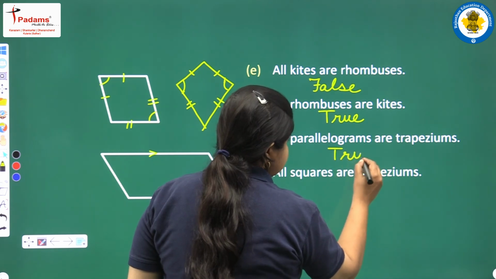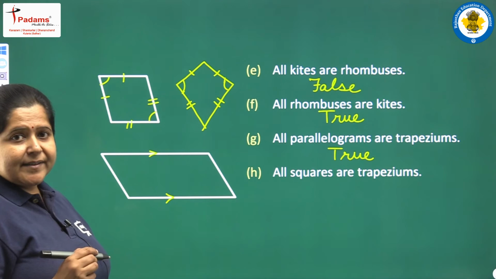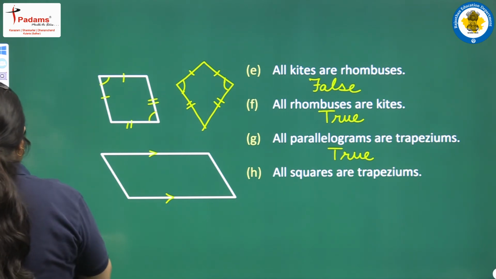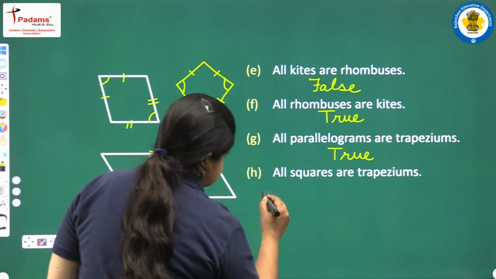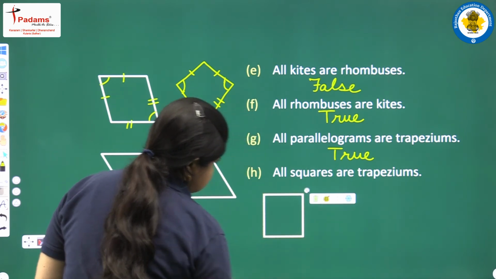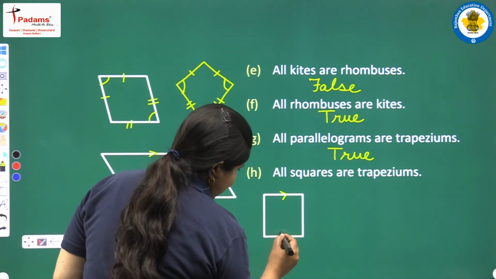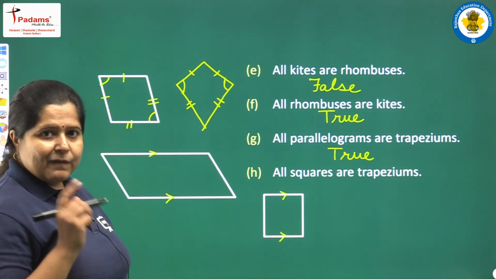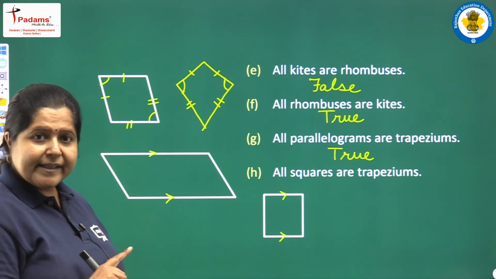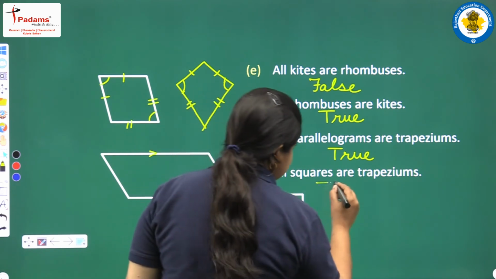This is a true statement. And all squares are trapeziums. Let me draw one square also. This is a square. Again we are having one pair of opposite sides which is parallel in a square. So it is a trapezium. So this is again a true statement.